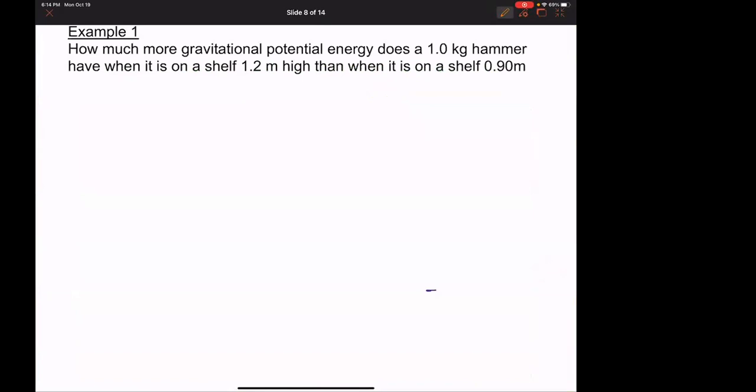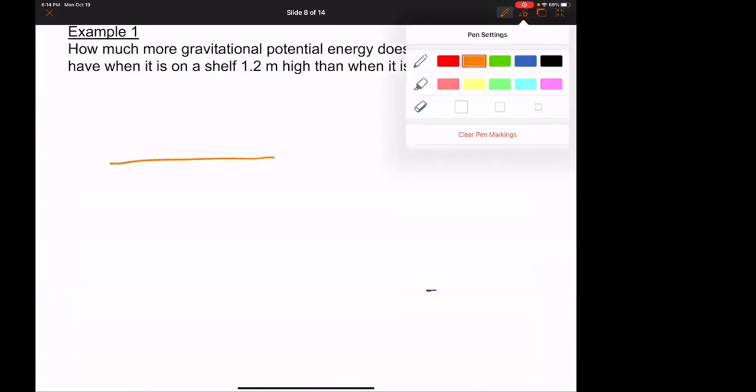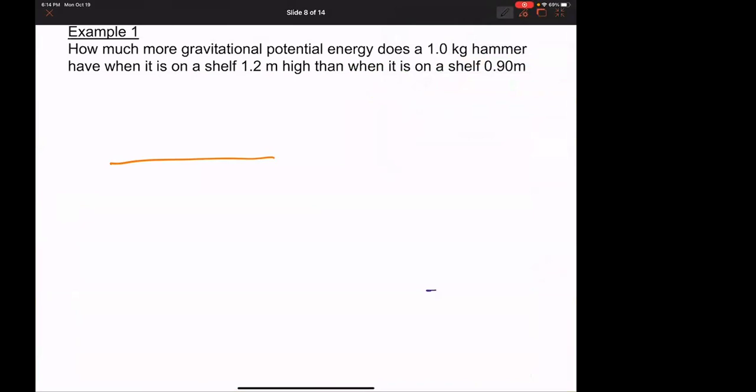How much more gravitational potential energy does a 1 kilogram hammer have when it's on a shelf 1.2 meters high than when it's on a shelf 0.9 meters high? So we'll just do this real easy. If I build a shelf here and I lay my hammer on it. That's a hammer, 3D, really bad, but it's there.